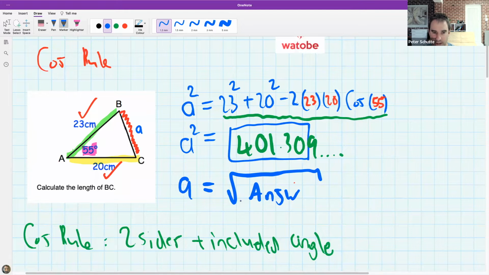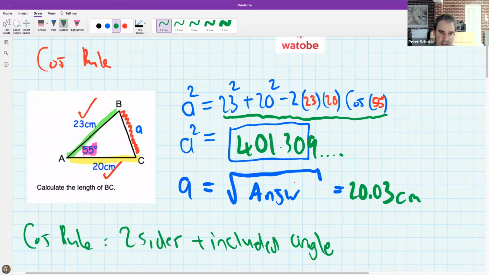So you can just type square root answer to get the value of a. That's what I'm going to do now, and we should be getting 20.03, and that is going to be centimeters.